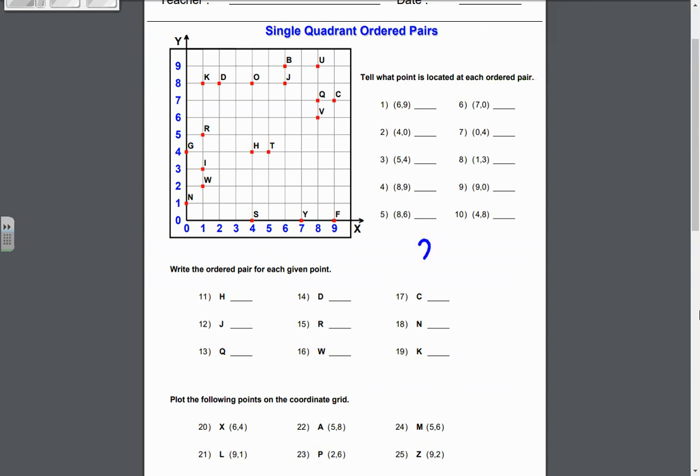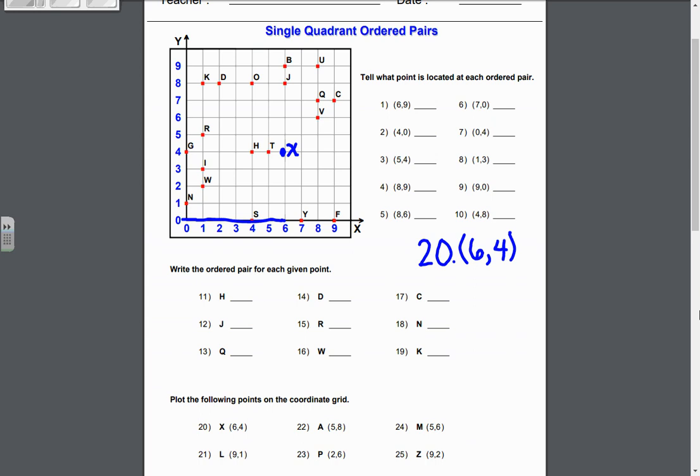Number 20, it's asking me to plot the point 6, 4. So what does that mean I'm going to do? It means I'm going to go over 6 to the right and then up 4. So on my coordinate plane, I'm going to go over 6, stop, go up 4, stop, and plot a point. And it asks us to label that point X. Okay.